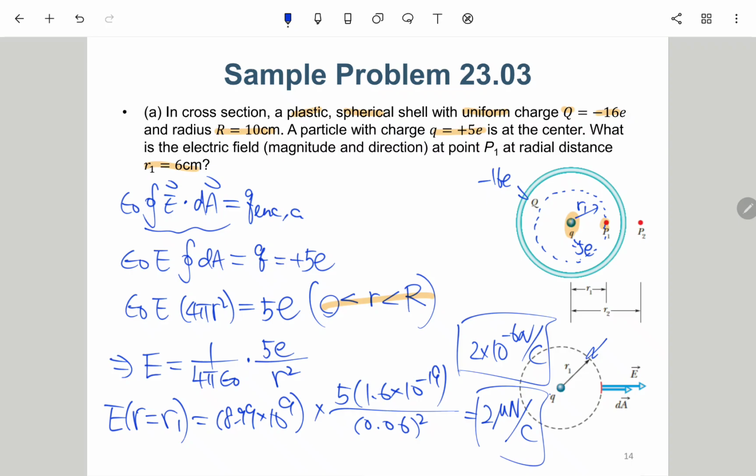Don't ask me what is the definition of mu, n, p, or f. I won't tell you the value of those scientific prefixes during the quiz or exam. You need to memorize them, as I have summarized in the slides of chapter 22.